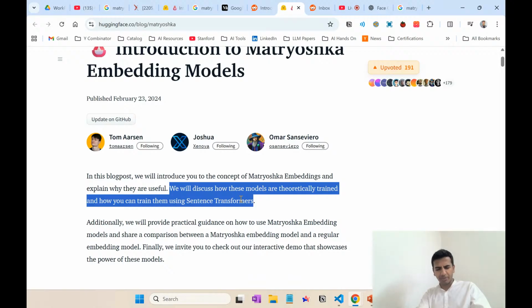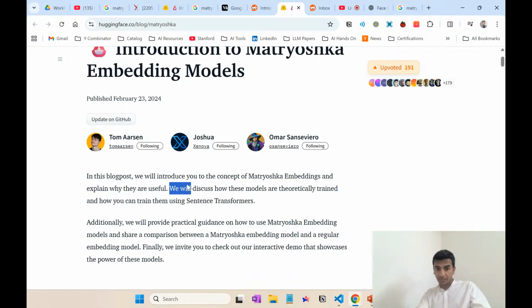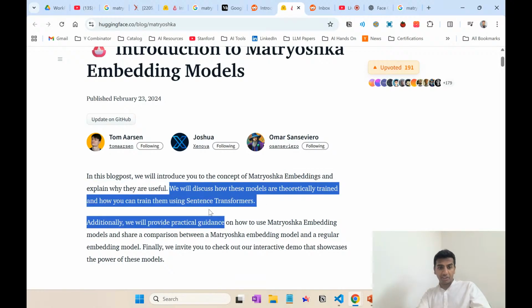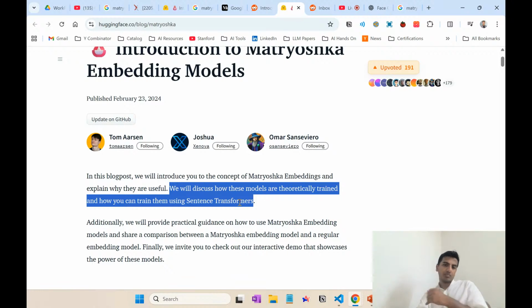So how you describe it and think from the inner working perspective is really important. We will discuss how these models are theoretically trained and how you can train them.